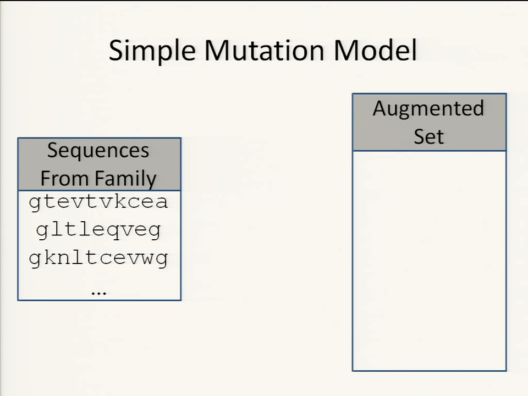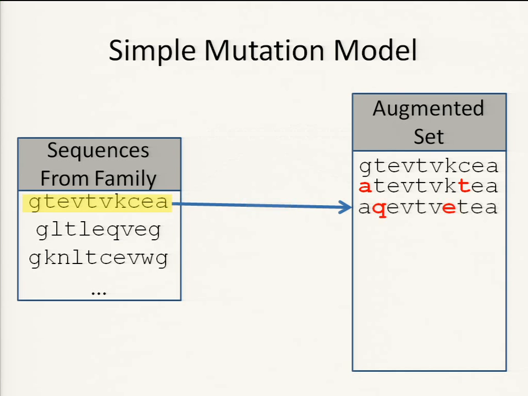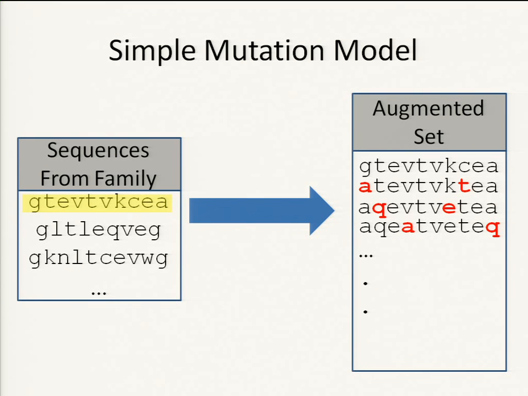We do that by taking a sequence from the family, and that is added to the augmented set, and we pick mutations based on the table. Again, we keep repeating this process until the number of mutations is reached, then take the new sequence and add it to the augmented set. We repeat this process till the desired number of sequences is added to the augmented set, and we repeat it for each sequence in the family.